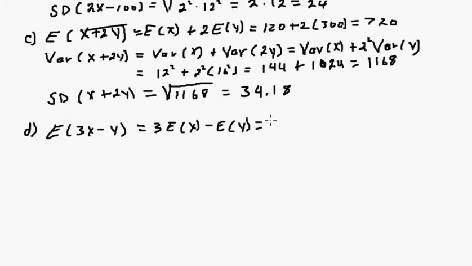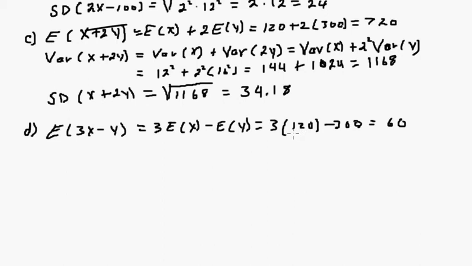So that's going to be 3 times 120 minus 300. So I think that's going to be 60. Yeah, it's going to be 60.